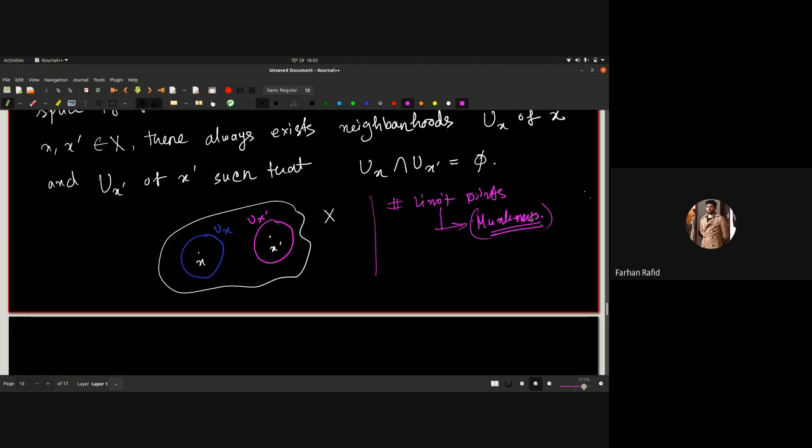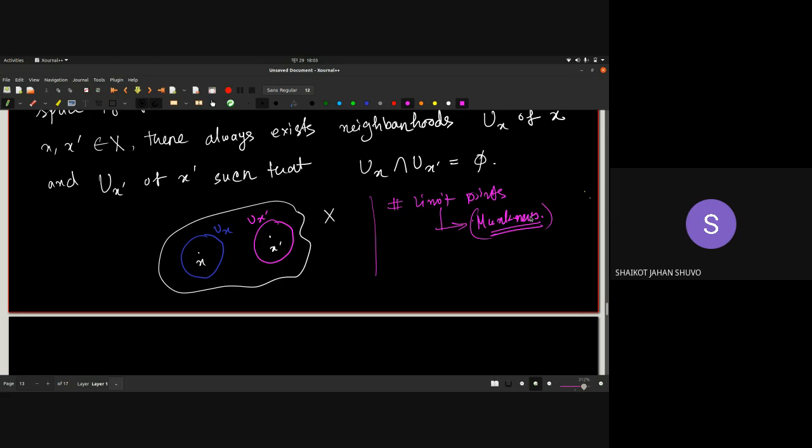So the Hausdorff space doesn't have any unique limit. I think you just said the opposite of what I mentioned over here. If you don't have a Hausdorff space, you don't get a unique limit. It has to be Hausdorff.